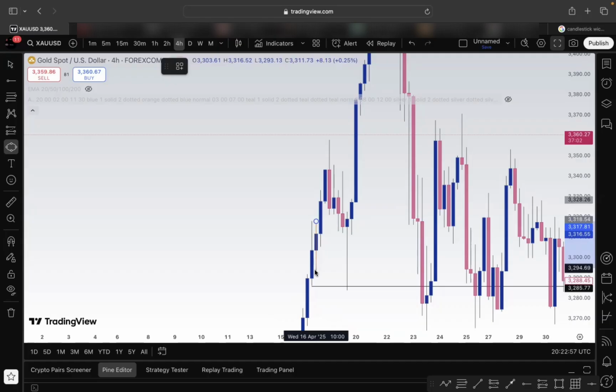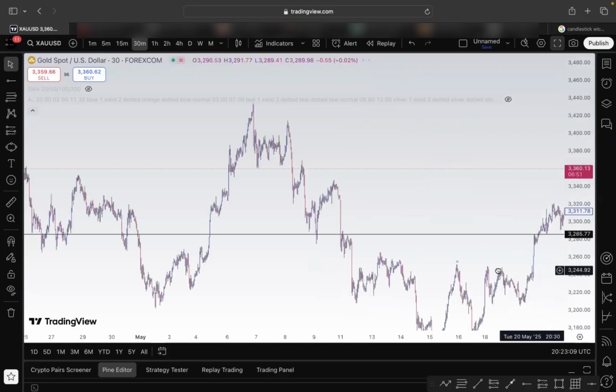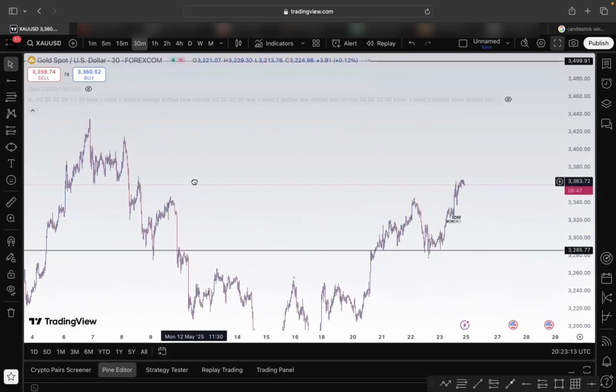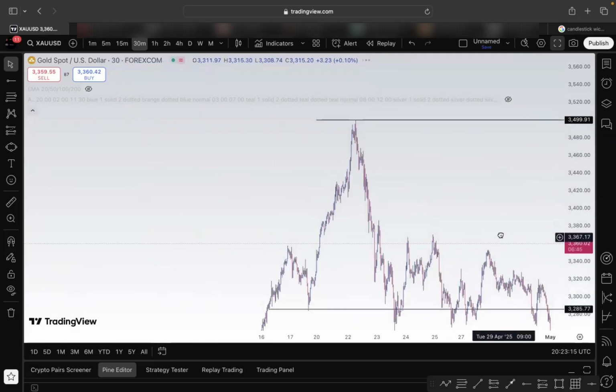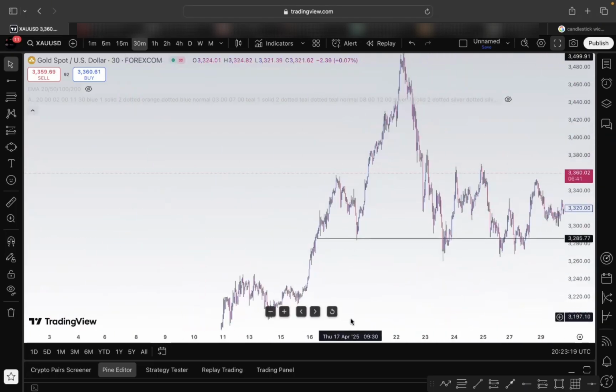So if we decide to mark this, let's look at the type of structure it could give in the lower time frame. Let's say the 30 minutes. It should be somewhere here.